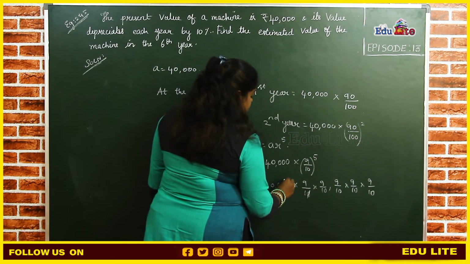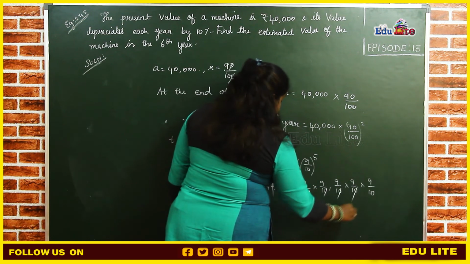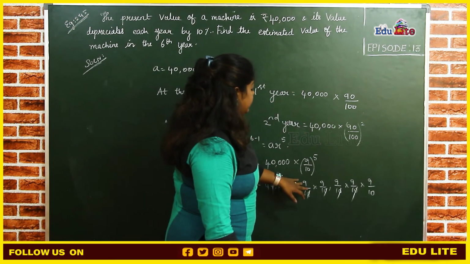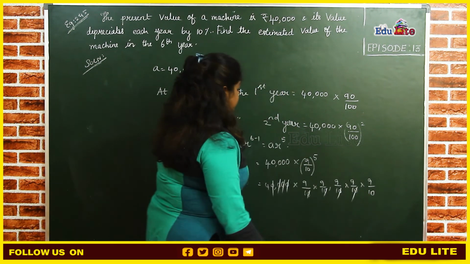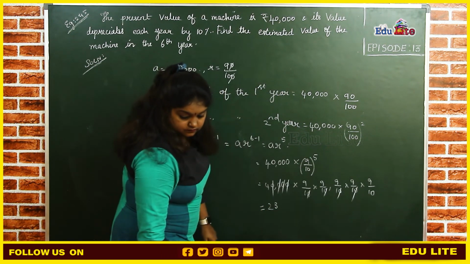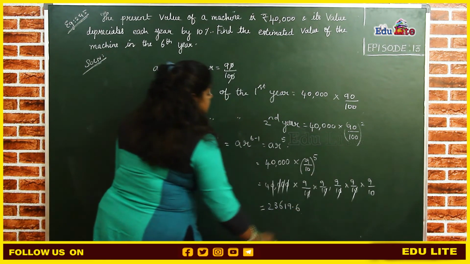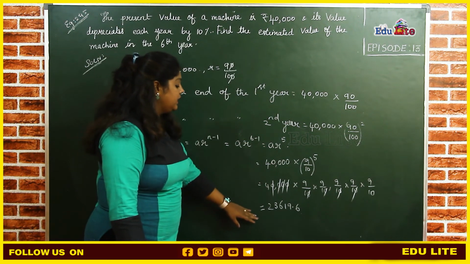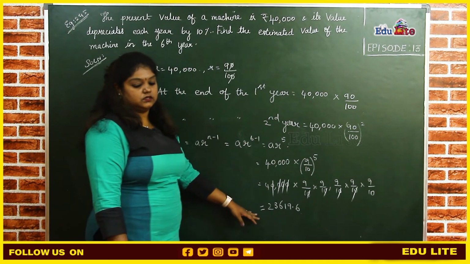The remaining is multiplying 4 into 9 into 9 into 9 into 9 into 9 and dividing it by 10, and we will get the value as 23,619.6. So at the end of the year, the estimated value of the machine will be 23,620 rupees.